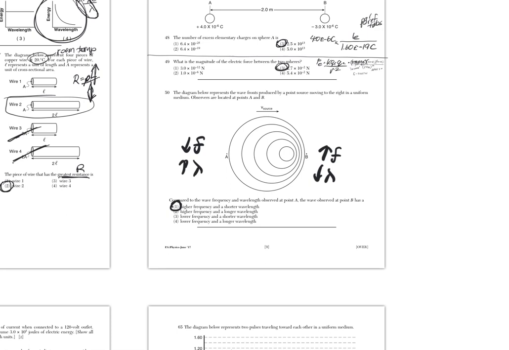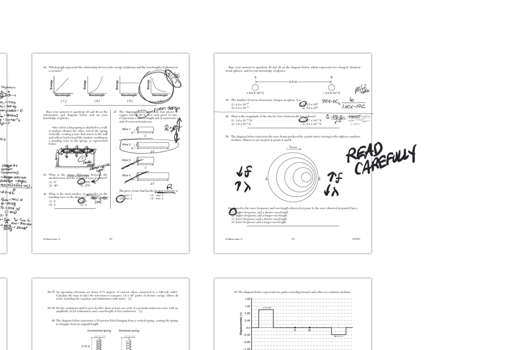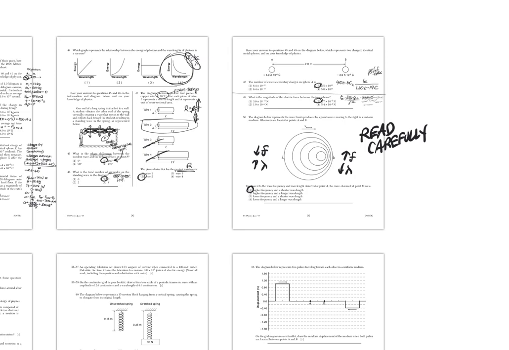So the number one thing we find that kids do wrong on Regents exams is that they don't read carefully. Right? So be careful. All right, so that is the multiple choice.